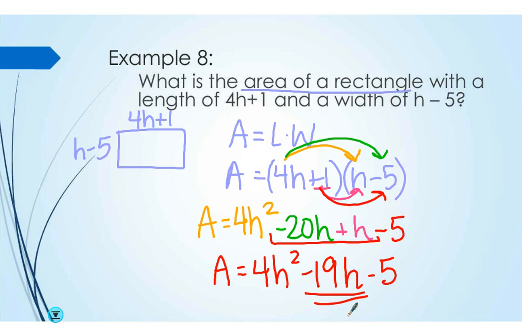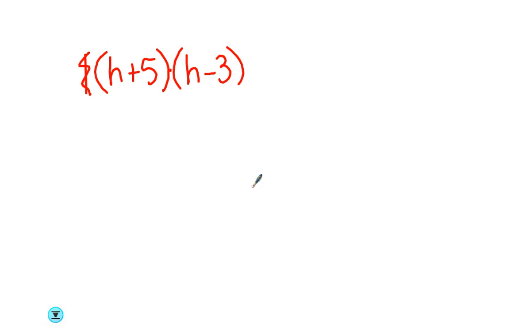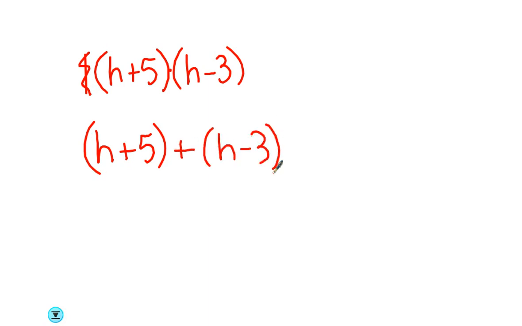So remember to know the difference between whenever we're doing something like this, where there's a multiplication in between, versus something like this, plus this. And in this case, we just combine like terms. We have two h's, and 5 minus 3 is a positive 2.